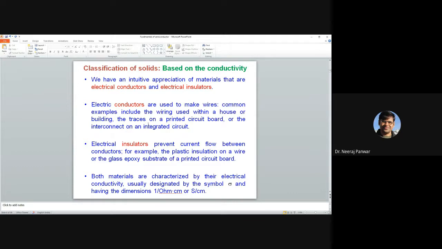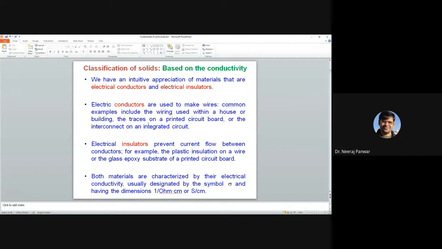And the semiconductor materials are in between the conductors and insulators. Conductors have very high electrical conductivity, whereas the insulators have very poor electrical conductivity, and the conductivity of semiconductors lies in between those of conductors and insulators.